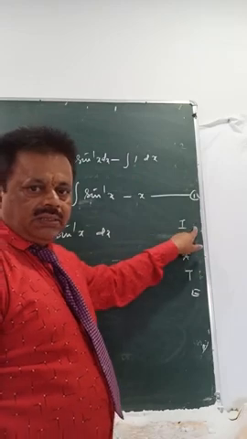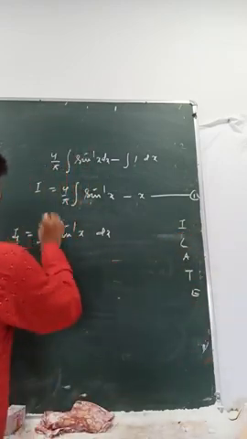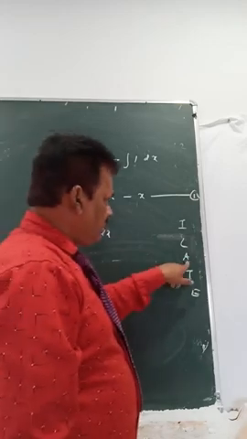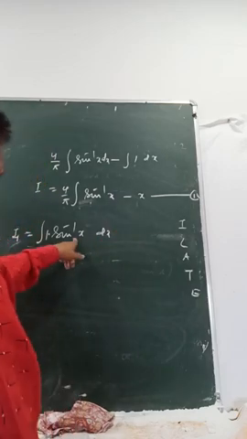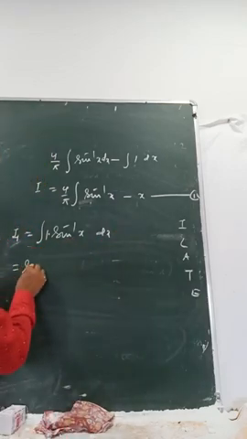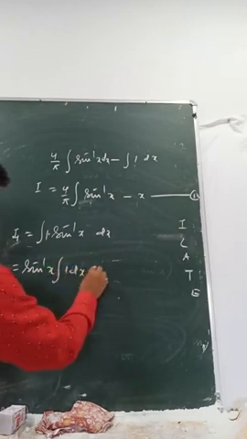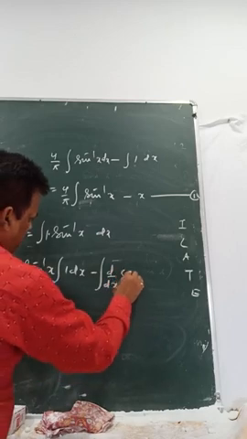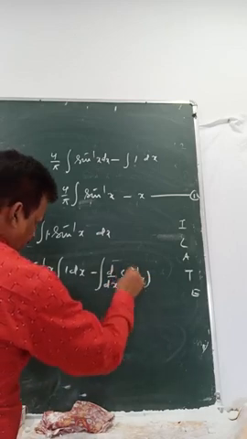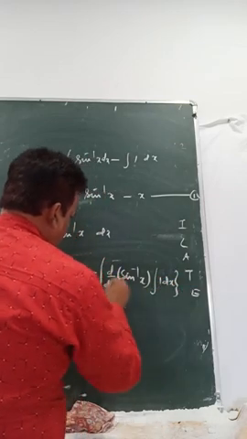Inverse comes first, but you need two functions, so you can write 1 into sin inverse x, where 1 is your algebraic function. So first function times integration of second, minus integration of derivative of first times integration of second, whole dx.